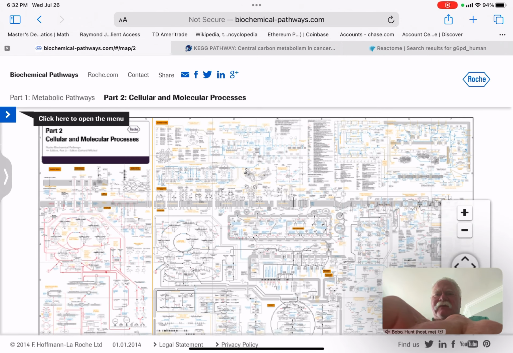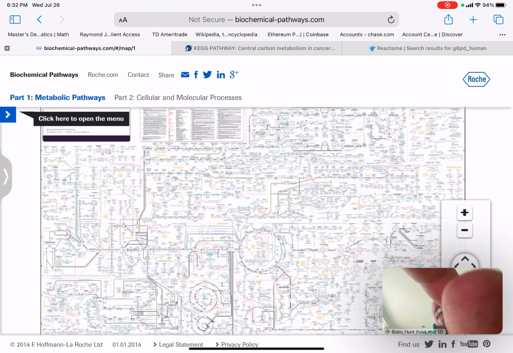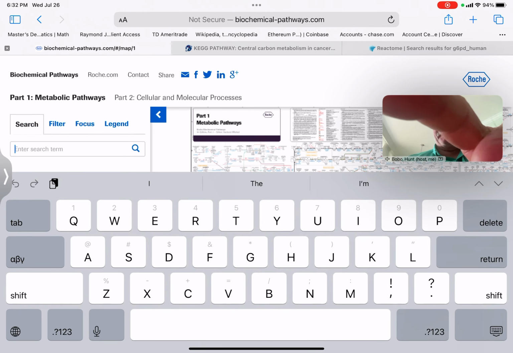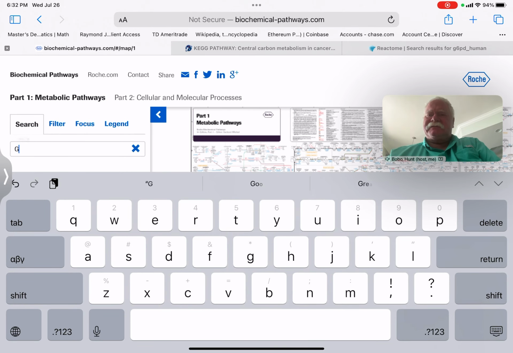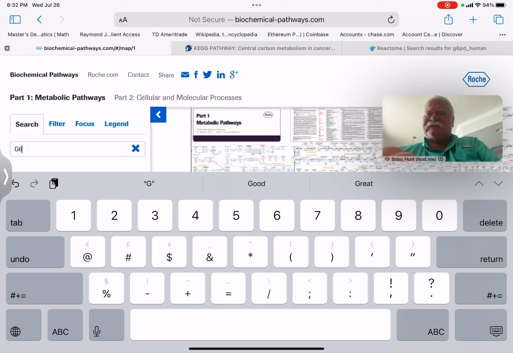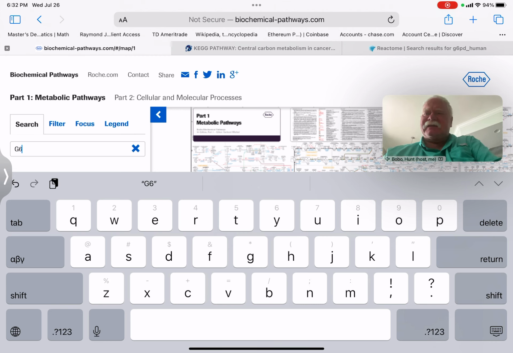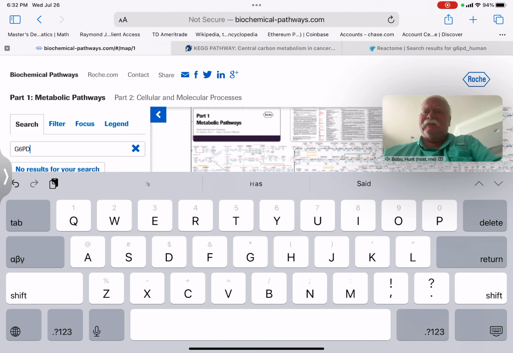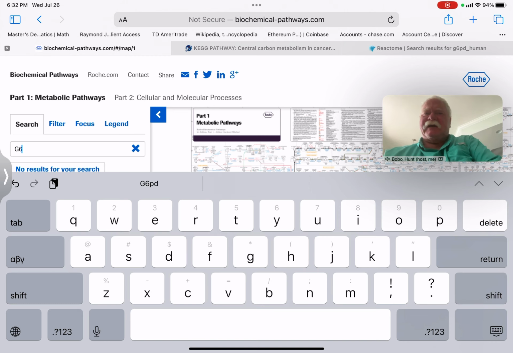And as before, we can always look up G6PD, glucose 6-phosphate dehydrogenase, and may have to spell it out to get it to work. Nope, so I'll spell it out.